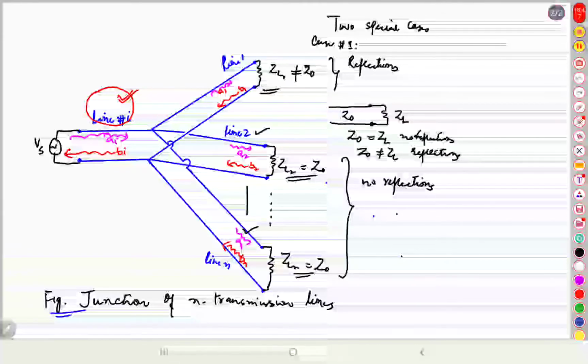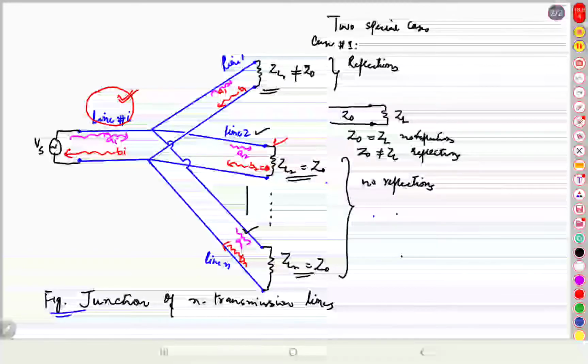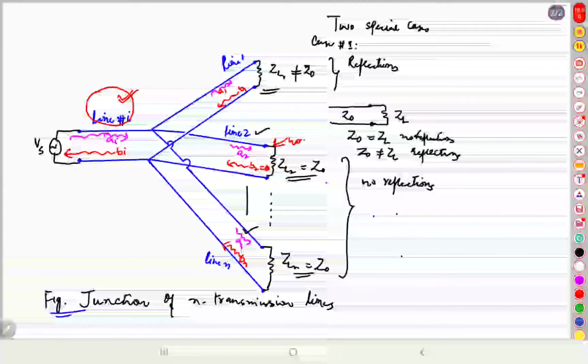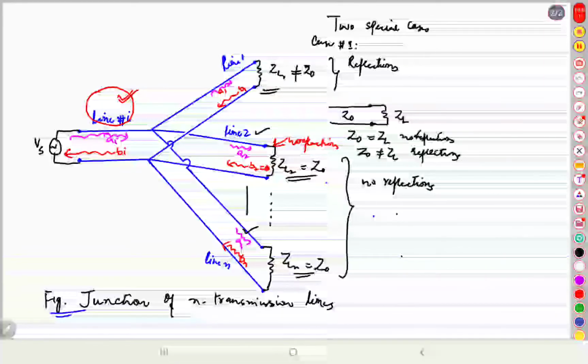So here B2 would be 0 because it is terminated at characteristic impedance. There won't be any reflections from line number 2, 3 up to n, so B2 would be 0 up to Bn.